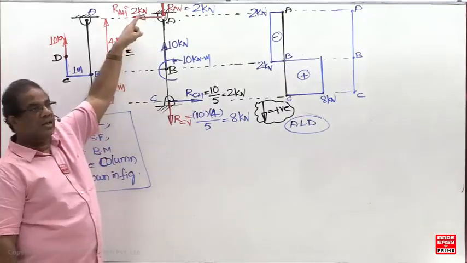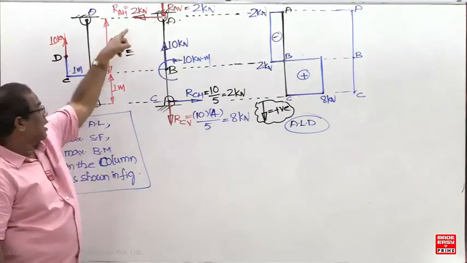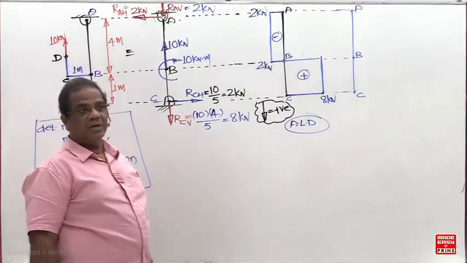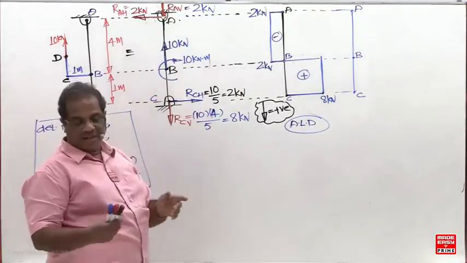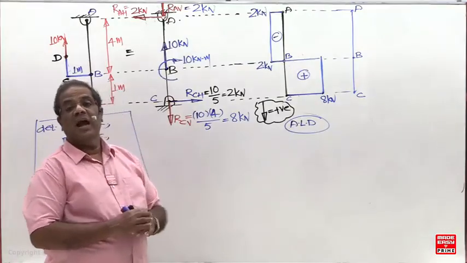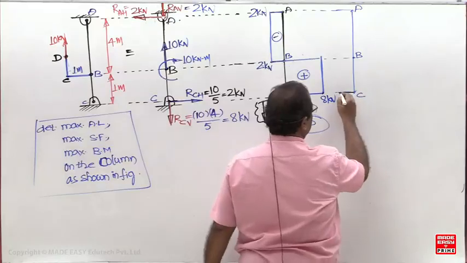It is going to be a constant. But positive or negative, how to consider it now? These two are forming a couple, clockwise or anti-clockwise. Anti-clockwise means negative. Between two constant point loads, the shear force is constant as long as there is no distributed load. So it is going to be minus 10.